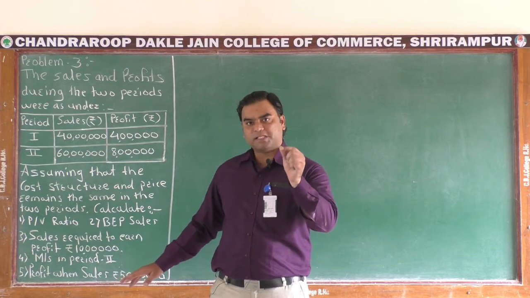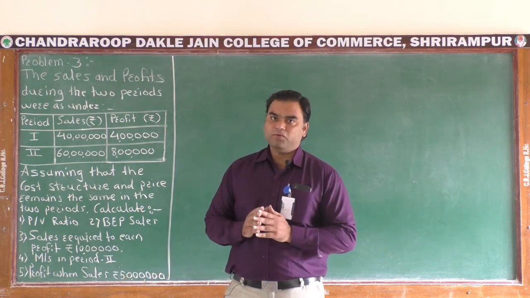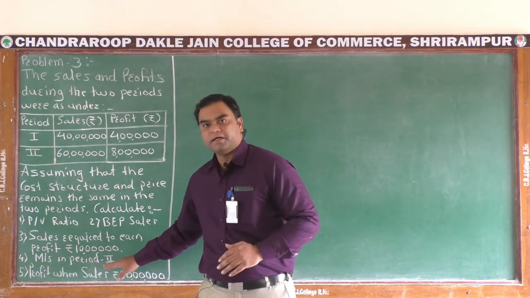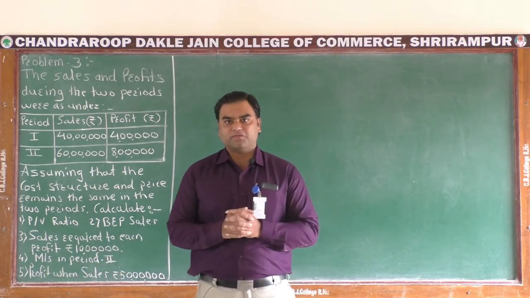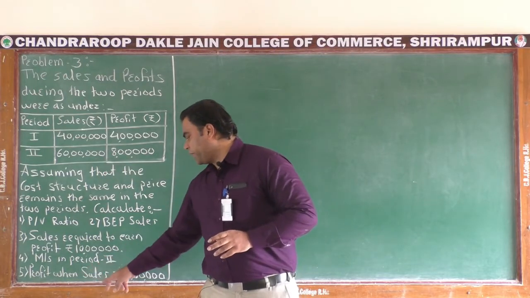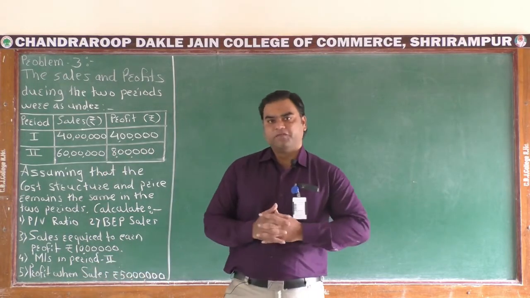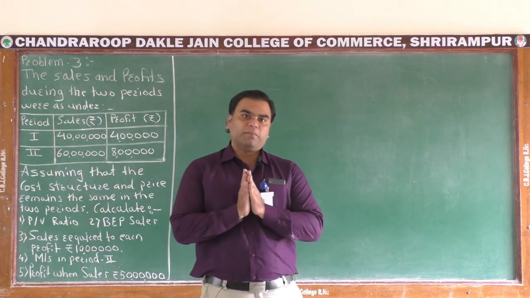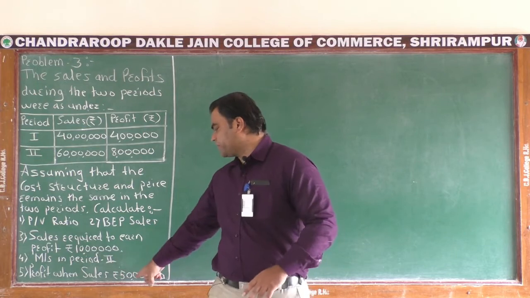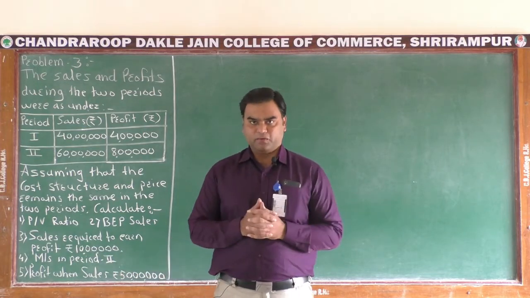Means sales for desired profit we have to calculate. Then next, margin of safety in period second. And lastly, profit when sales are rupees 50 lakh. Means what will be the amount of profit when our sales are rupees 50 lakh we have to calculate.